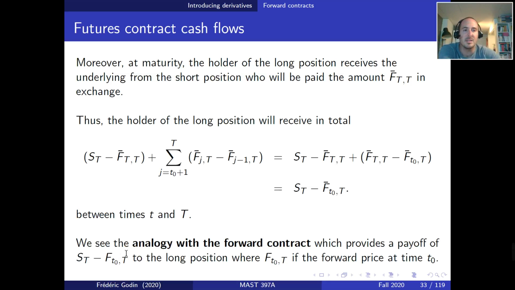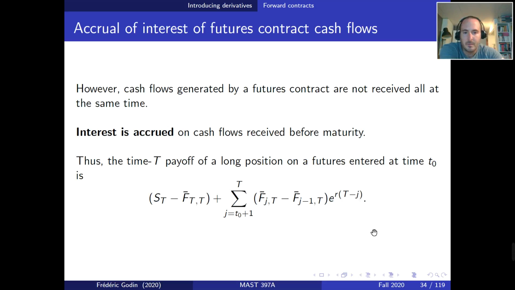But the other difference is that for a forward contract, this amount you receive exactly at the maturity date, whereas for the futures contract, this is the sum of cash flows received across multiple dates in the existence of the futures contract. So in practice, because some cash flows are received before the maturity, if you want to understand the value of all cash flows you've received from a futures position, you must accrue interest on them.